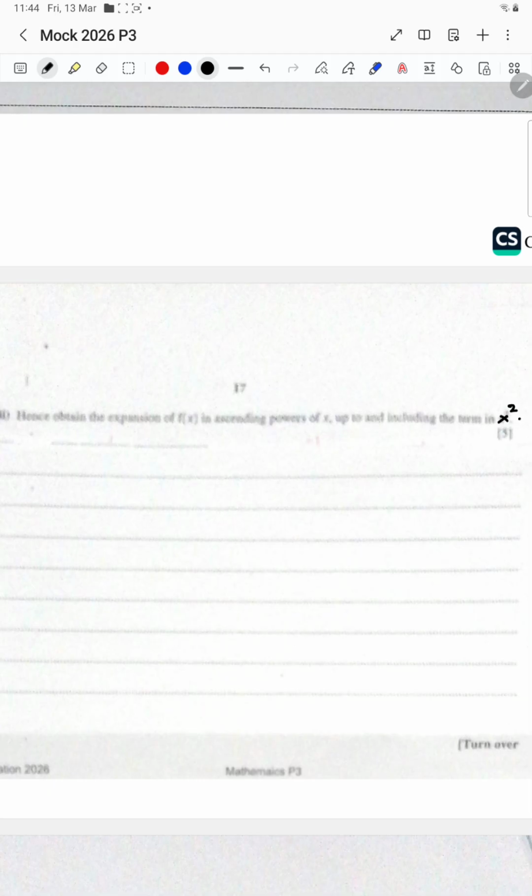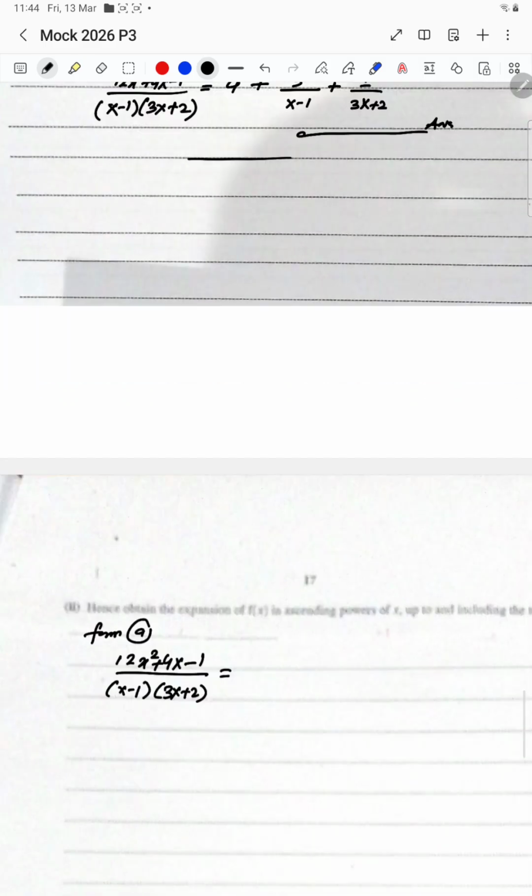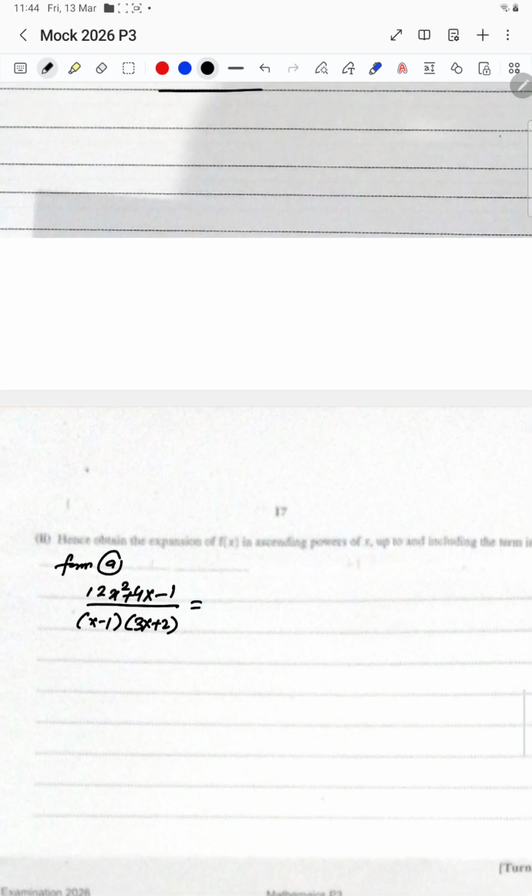So from the a part, we know that the expression was 12x square plus 4x minus 1 over x minus 1 times 3x plus 2. Here I can write back the x minus 1 times 3x plus 2, right?